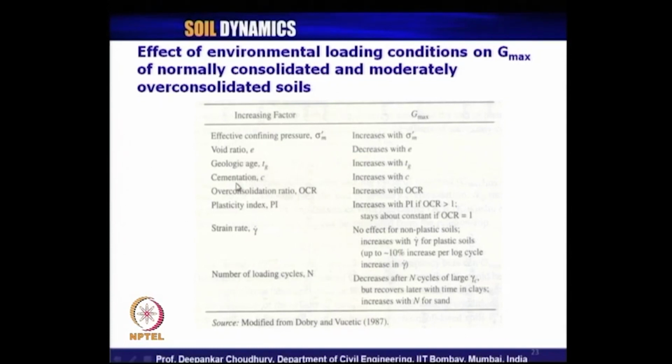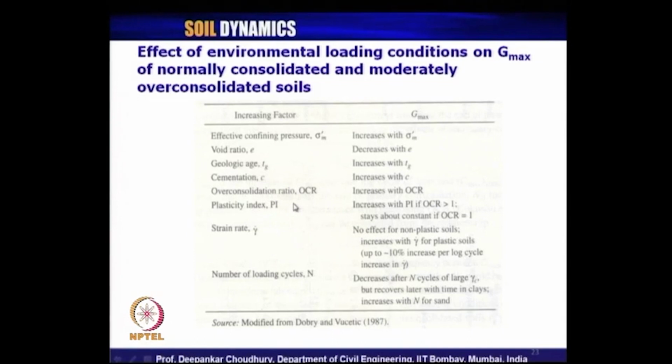What happens if cementation of the soil changes? If cementation of the soil increases, cementation means obviously the bonding between the soil particles are much more. So, obviously, it is supposed to give higher strength. So, there will be increase in the value of the Gmax with cementation. What happens if over consolidation ratio increases?